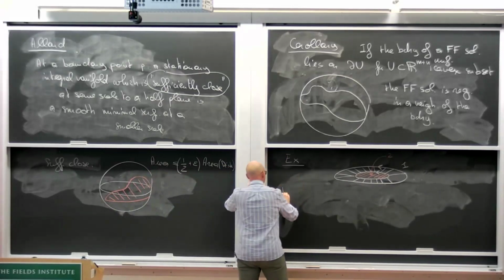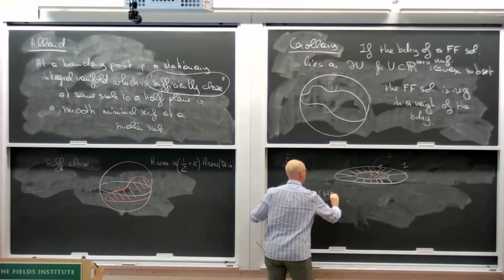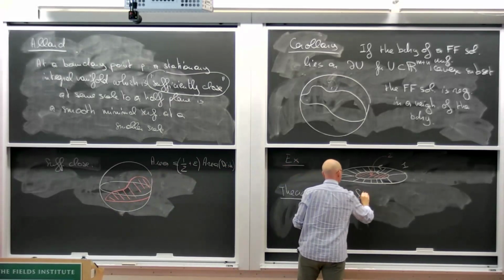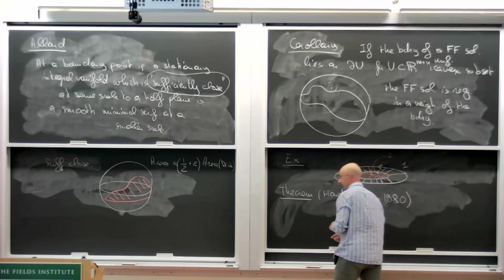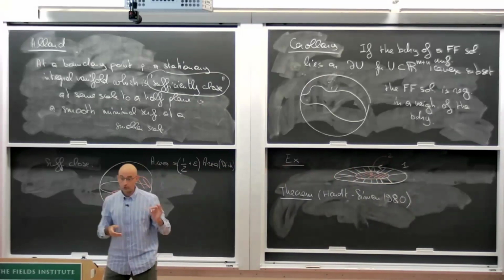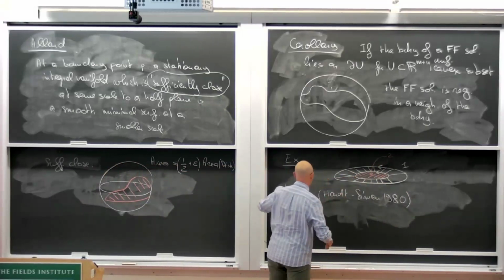And there's a famous theorem by Hardt and Simon in the 1980s, which actually says that, again, the Federer and Fleming solution has full regularity at the boundary, but you have to understand the regularity in this way.